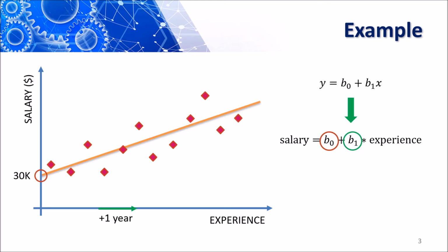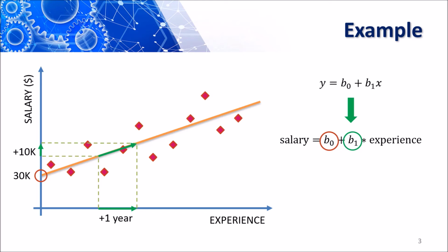Then, to understand how his salary increases, you have to project this onto the line and then project that onto the salary axis. And you can see that here, for one year of experience, the person will get an extra $10,000 on top of his salary.